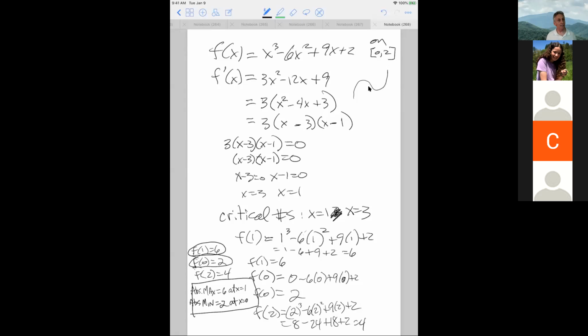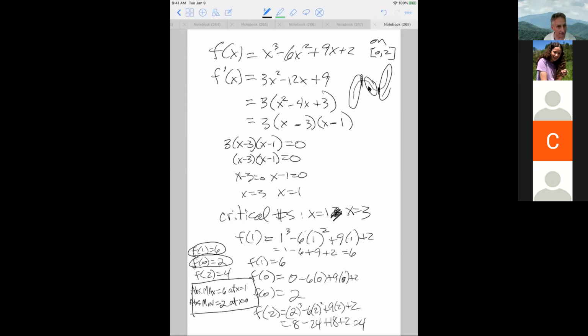If you were asked where this function is increasing and where it is decreasing, and you had the graph, you could tell it's increasing from here to here, and it's increasing also from here to here, and it's decreasing in between. That's what you're going to do to answer the questions.